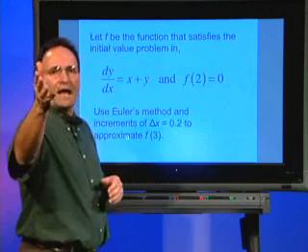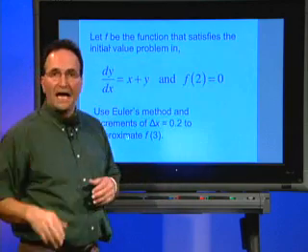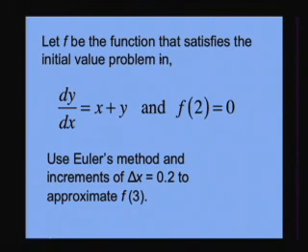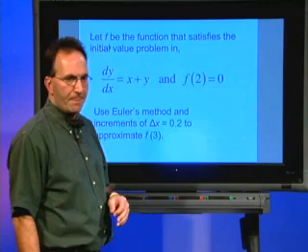So let's say that we have f be a function that satisfies the initial value problem dy/dx is equal to x plus y, and f of 2 is equal to 0. Use Euler's method and increments of delta x equal to 0.2, or 2/10, to approximate f of 3.